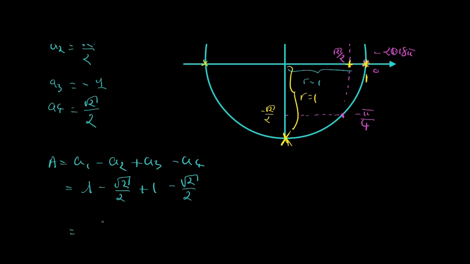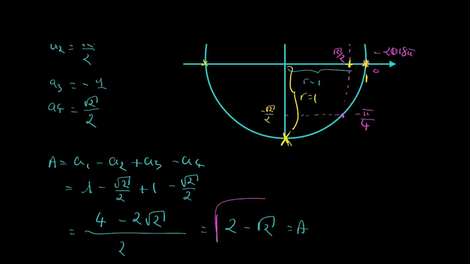Let's put everything over 2. So we've got 4 over 2 minus 2 square root of 2 over 2. Let's simplify. We've got 2 minus square root of 2 is equal to A. We've got our first solution.